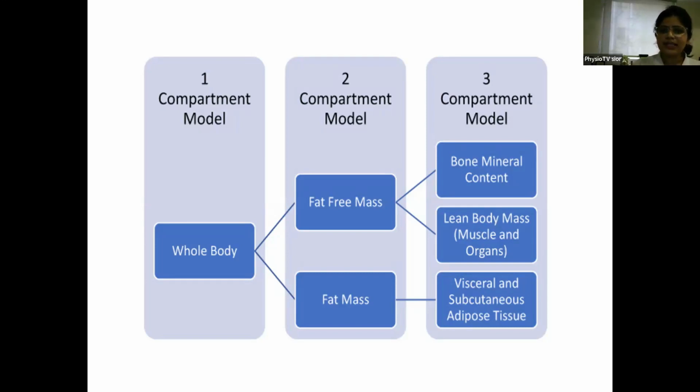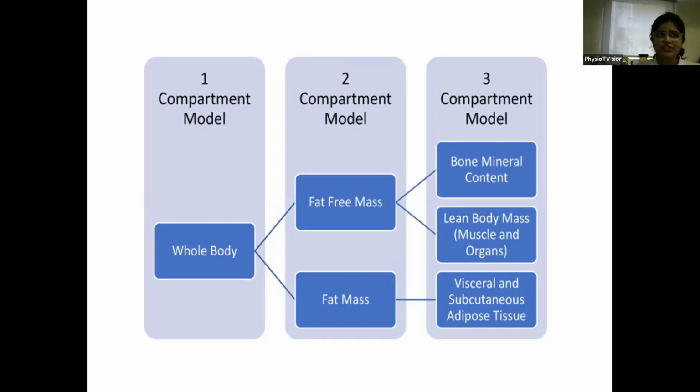So then the second compartment model got modified into the third compartment model, in which the fat-free mass is differentiated into bone mineral content and lean body mass, and fat mass is visceral and subcutaneous adipose tissue. So in the third compartment model, the distinguishing factor is the bone mineral content and fat free mass.